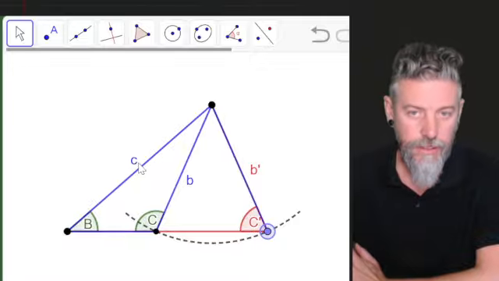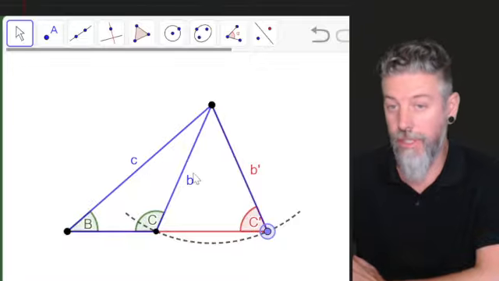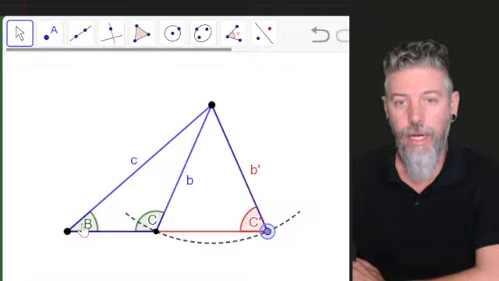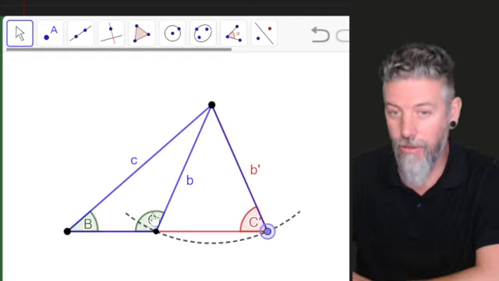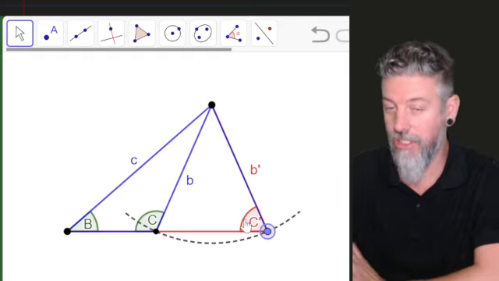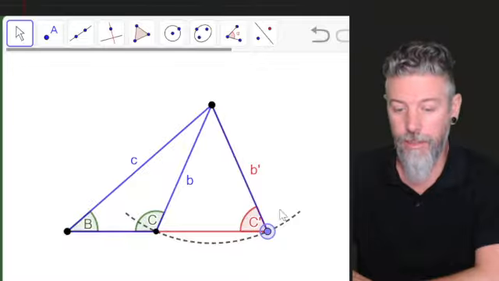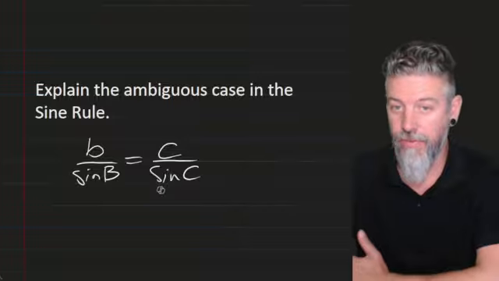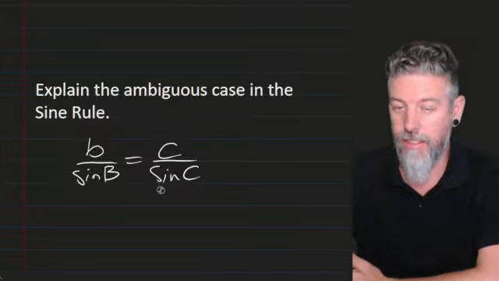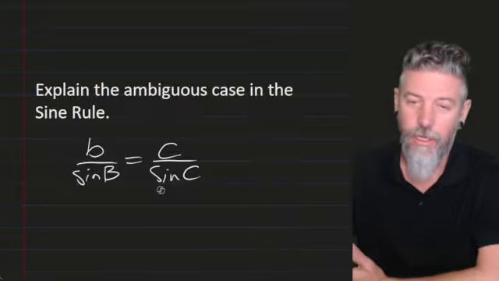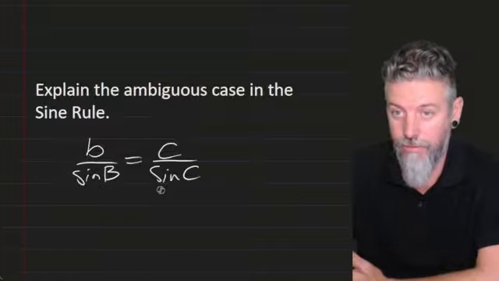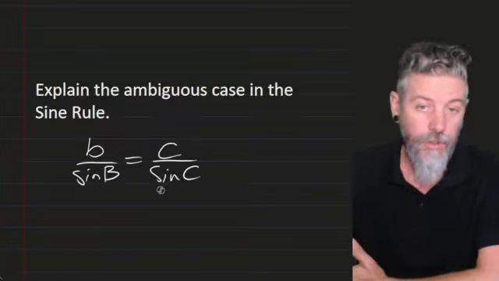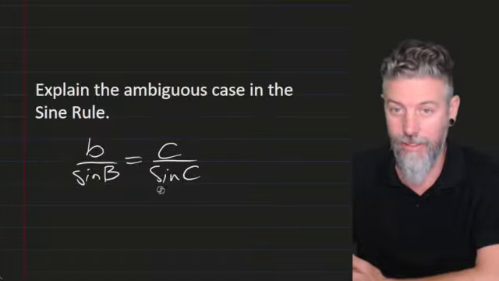So if c is never changing, and b's length is never changing, and the sine of angle B is never changing, how could the sine of angle C change when our formula says that these are all linked together? If 3 of them are not changing, how could the 4th one, this sine C down the bottom here, ever change? You can't keep 3 of these things the same and change the 4th.